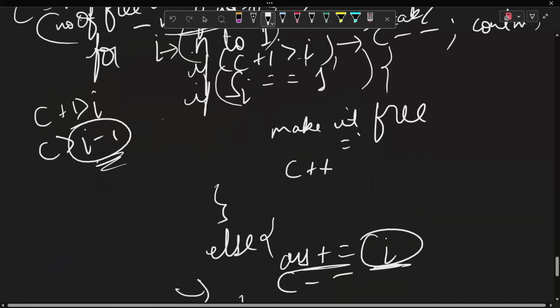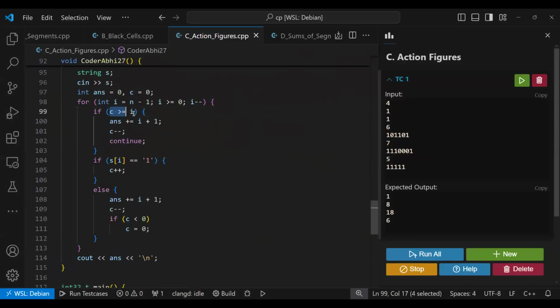Current c, which is the number of free items, is exceeding the remaining items. The remaining items should be I minus 1, right? Yeah, I'm taking 0 base, so when I'm at the ith day, I is the remaining items.